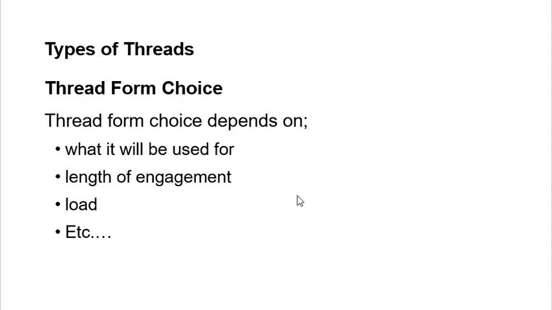When we deal with the thread form, you have to choose in your design. Before the engineer designs the fastener, they think about what it will be used for, and then the length of engagement and the load that it's going to carry.